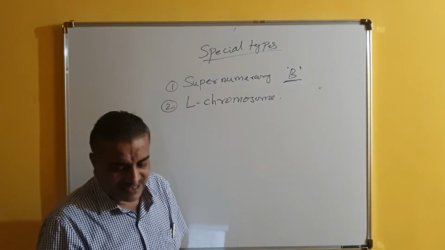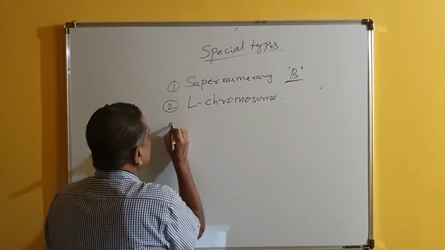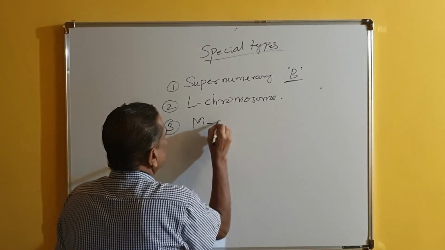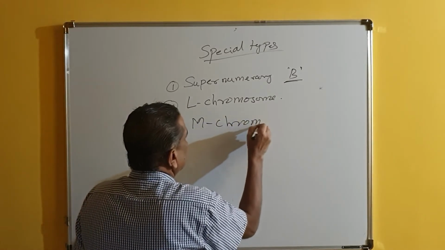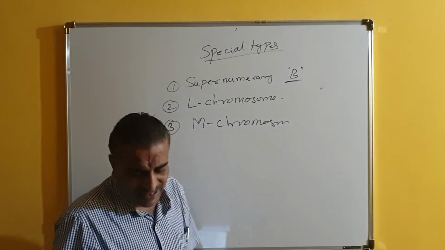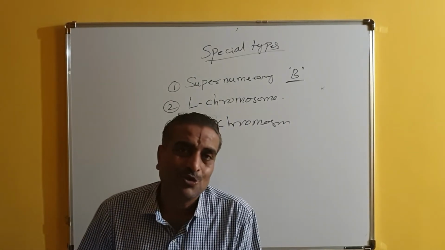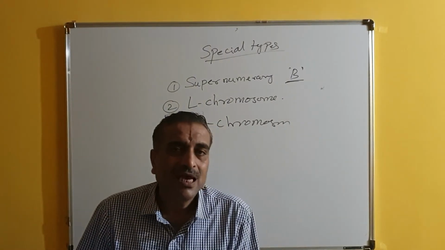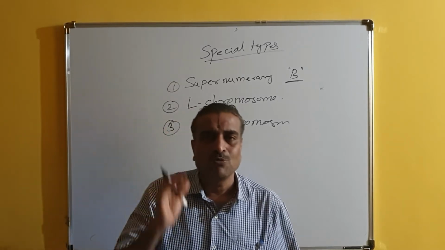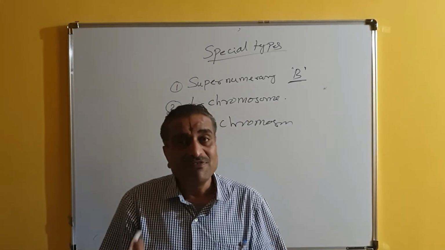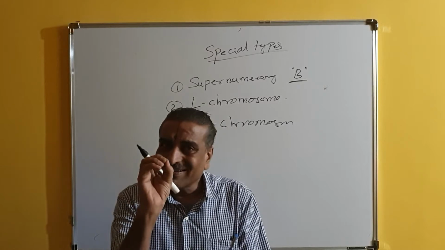The next one is M chromosomes. M chromosomes stand for minute chromosomes in the nucleus. Apart from the diploid sets of chromosomes, sometimes we find dot-like structures.